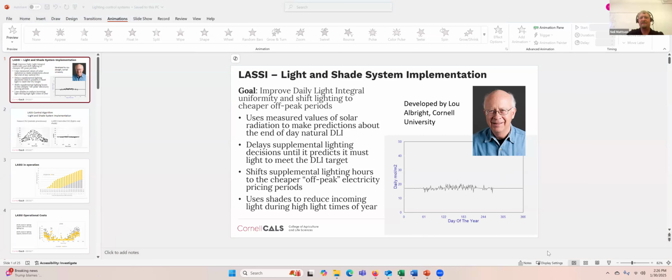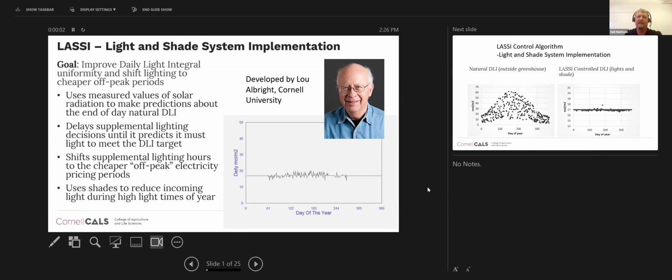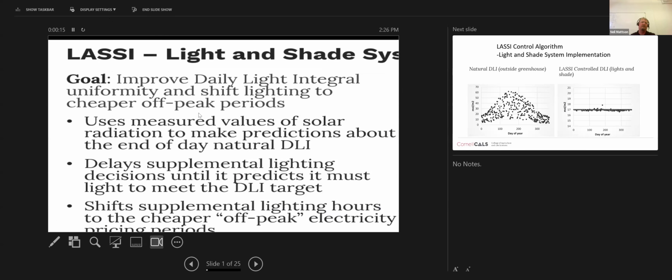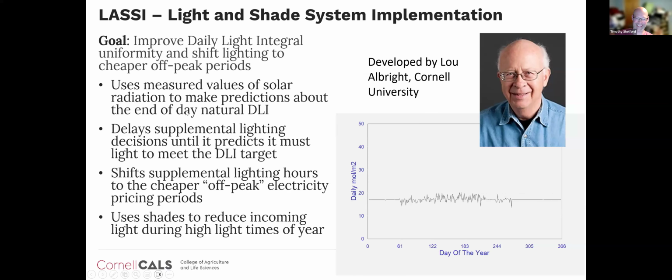As Matt noted, feel free to add questions to the Q&A, and Tim and I will take them collectively together afterwards. And then Tim, if we're seeing the split screen, not just the presentation. If you click on display settings, and then duplicate slideshow. Perfect. There you go. Great. Sorry about that.